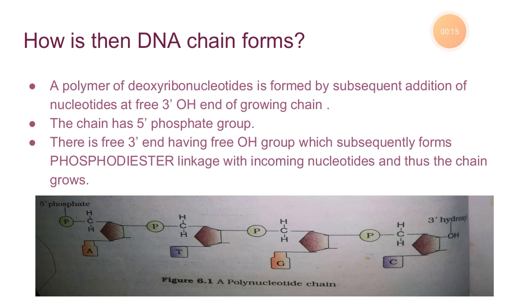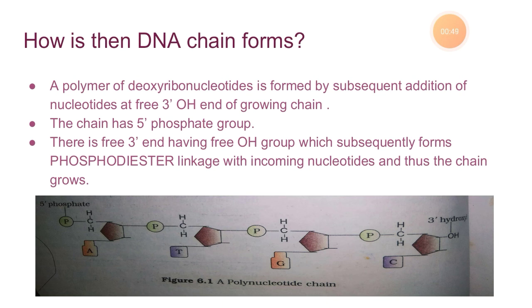On your left hand side there is a free 5' end, and on your right hand side there is the 3' end, and there is a phosphate group on the 5' end and a hydroxyl group on the 3' end. Now the new member, that is a new nucleotide, will be added on the 3' end, and this hydroxyl group present here and the upcoming nucleotide will interact and form a phosphodiester linkage, and thus a new member will be added to this growing chain, and the length will subsequently increase as per the requirement.